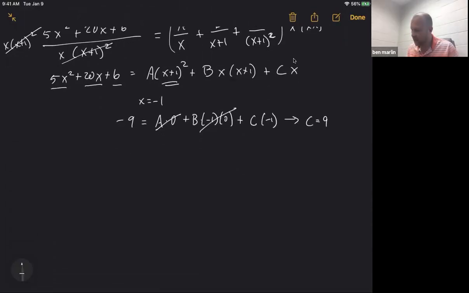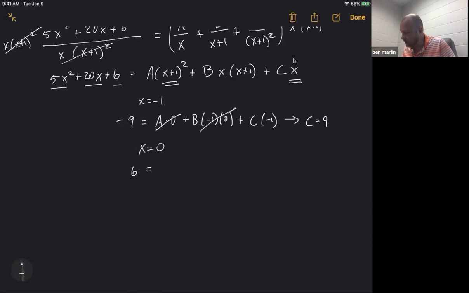Okay? And then we're going to go back and say, plugging in x equals 0, because that's going to make this piece disappear. x equals 0 is awesome. If there's no reason otherwise to plug in x equals 0, sometimes you just plug in x equals 0 because everything's easy. It makes the left-hand side be 6.